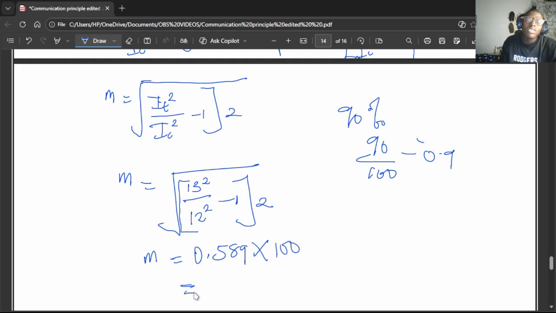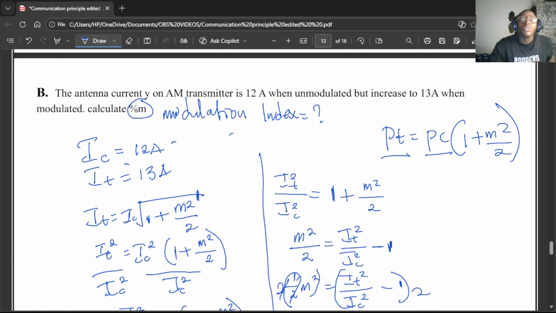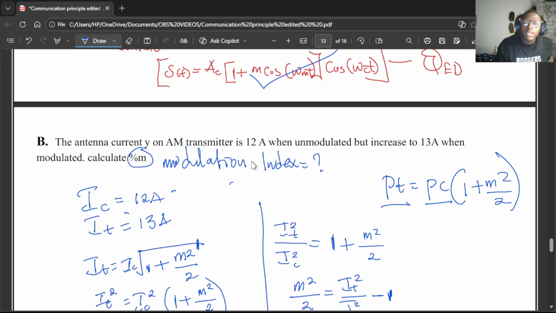Now if you multiply this with 100, you will arrive at 58.9%. So this is the answer you are to get for this particular question. So for your question here, you can now say that your modulation index is 58.9%. Am I communicating?